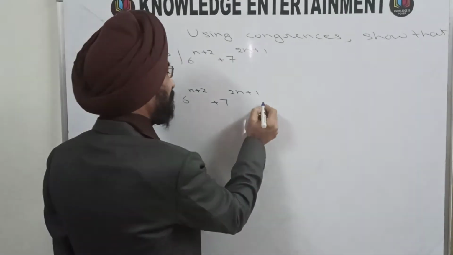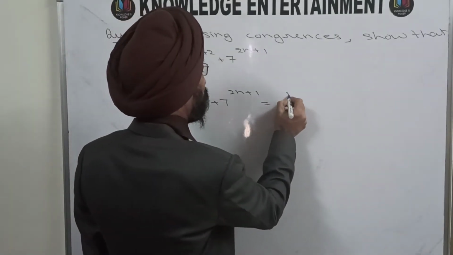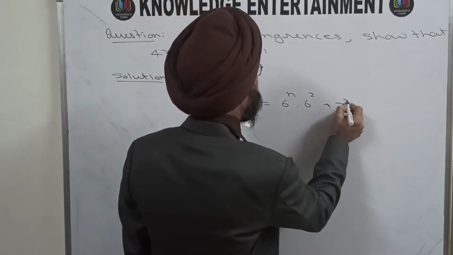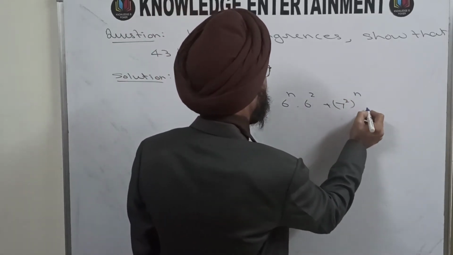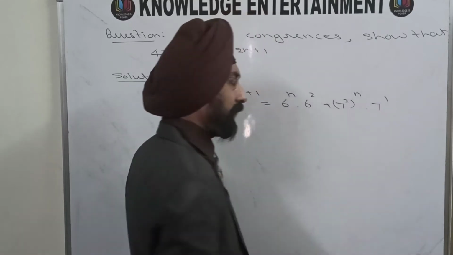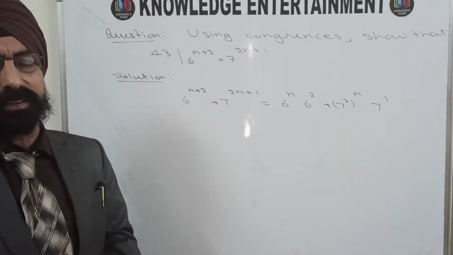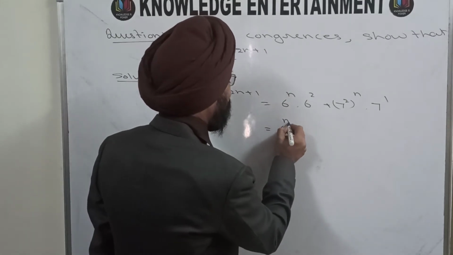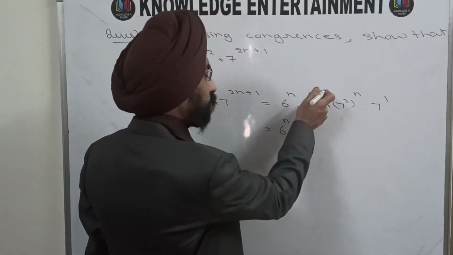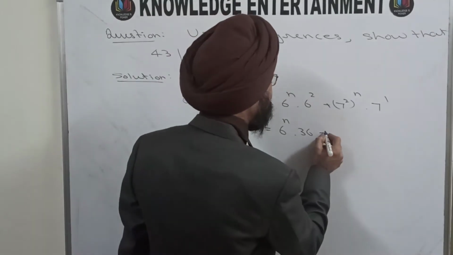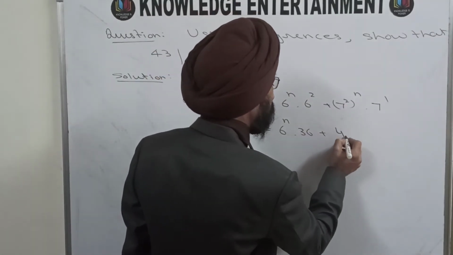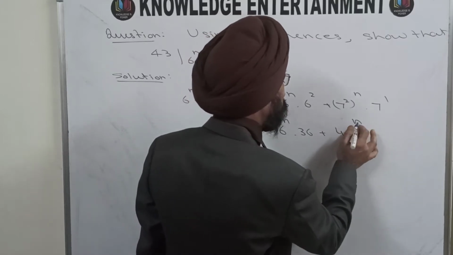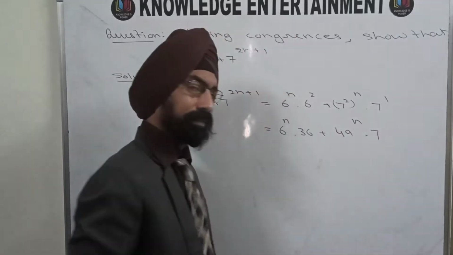I can write it as 6 raised to the power n into 6 square plus 7 square raised to the power n into 7 raised to the power 1. I have just broken the powers. And now it is 6 power n into 36, since 6 square is 36, plus 7 square is 49, so it is 49 raised to the power n into 7.